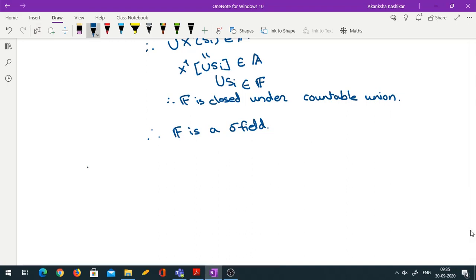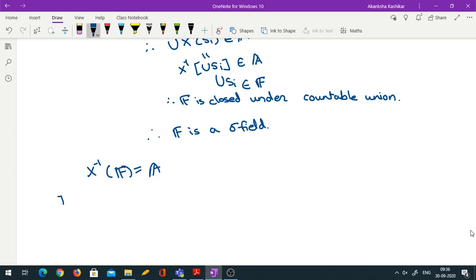We have to now prove a similar result the other way. We know that X inverse of F is A, and what we did just now was we assumed that A is a sigma field and we proved that it implies F is a sigma field. Now we have to go the reverse way, that is we have to prove that if F is a sigma field, then A also becomes a sigma field.